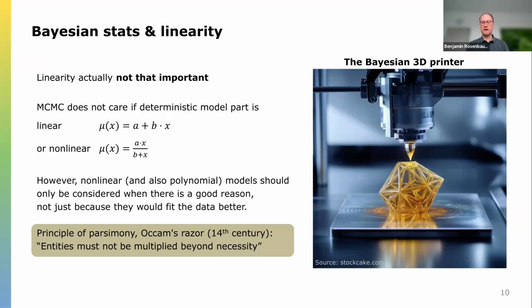However, in the sense of good scientific practice, you should only move away from linear models if you have a good reason.